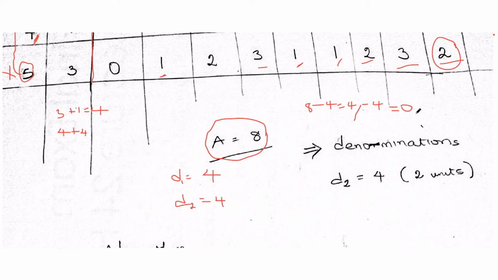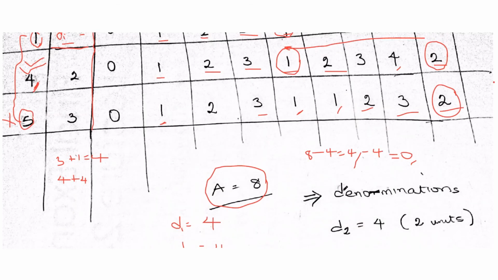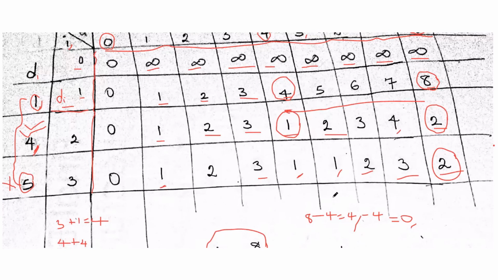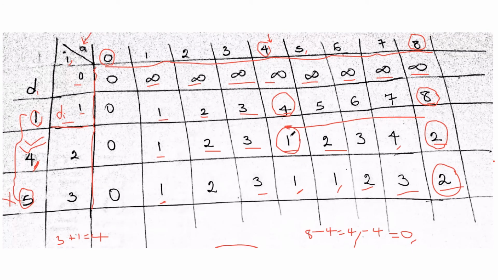Now since we have already gotten 0, we don't have any denomination again. And even if you want to check, all you need to do is follow again from where we have gotten that particular result. From here, you jump to 0.